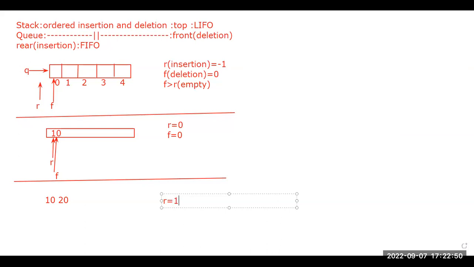And F value will be equal to 0. Yes. So again, assume that I want to insert one more element, but however, both the pointers, where will they be?